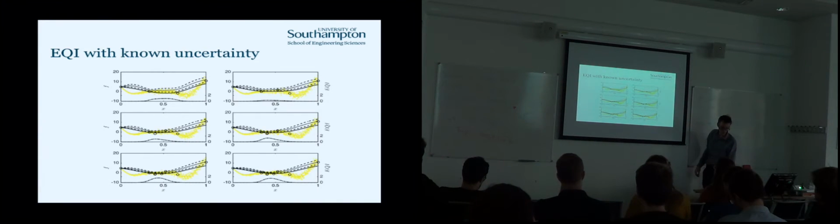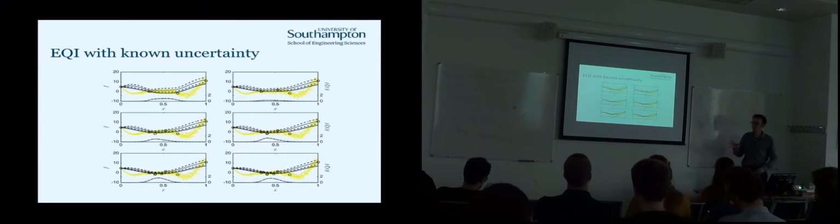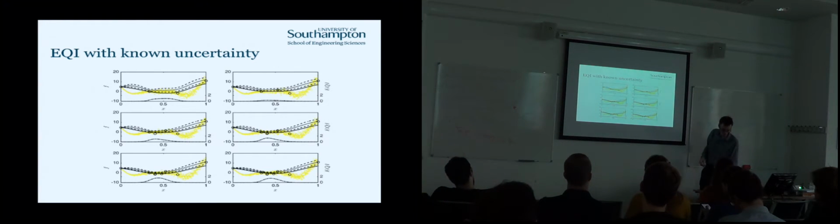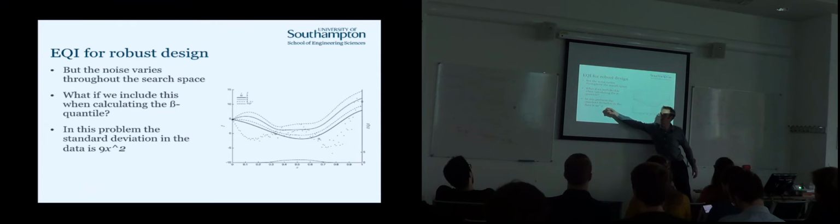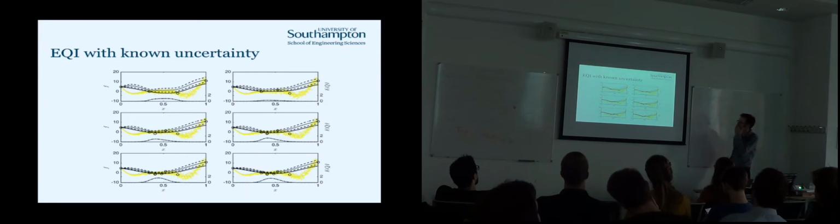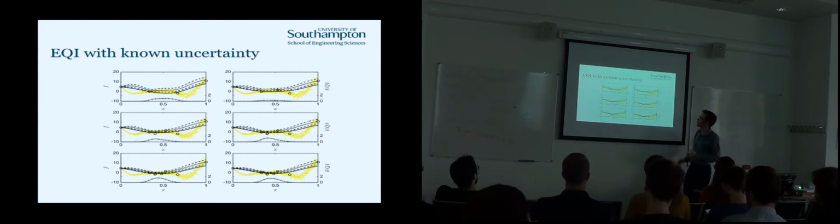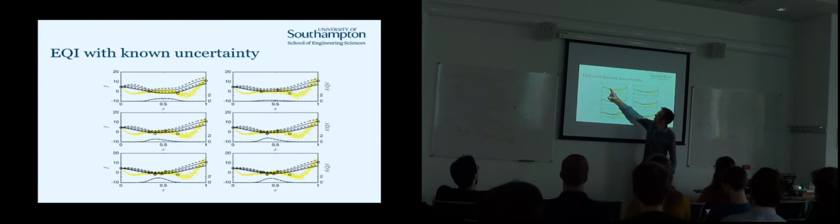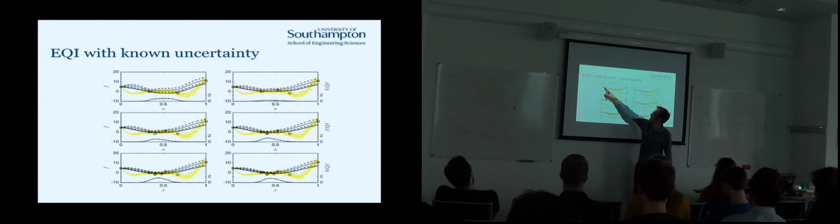Okay, so if we run the expected quantile improvement method with known uncertainty, I've actually plugged in what the uncertainty is. We can see how it starts to work. It's this dark line here that's the quantile lying just above the bolder line below, and we're trying to minimize that, and our error in it is represented by the dashed lines.